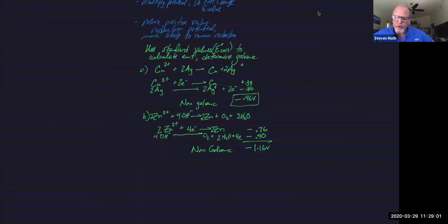So we're not doing too well creating a galvanic cell, a spontaneous cell that's going to generate. These two require energy. These are circuits where we've got to put energy in to make them go. So instead, what we could do is take this second one, B, and make it galvanic.